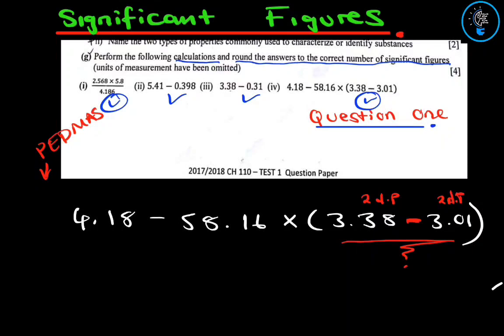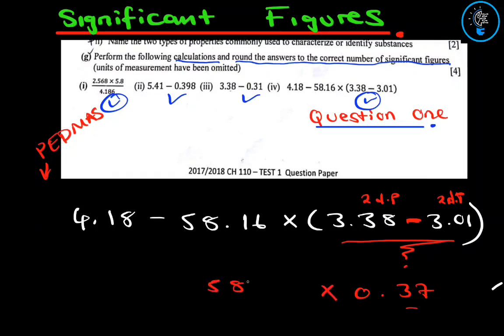So let's do it. 3.38 minus 3.01 gives us a value of 0.37. How many decimal places? 2. Okay, we are good to go.